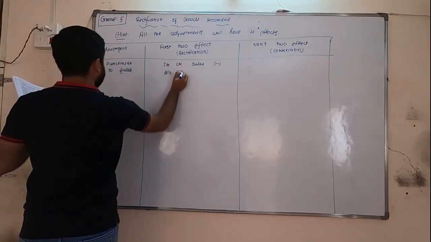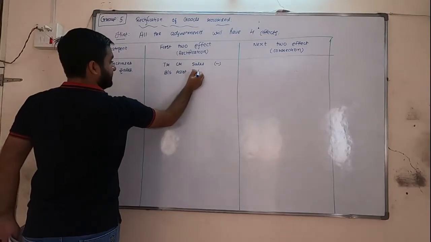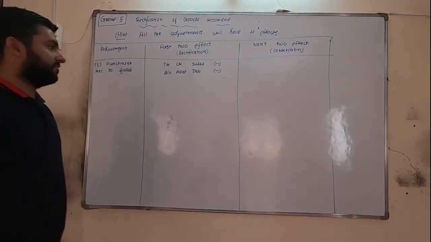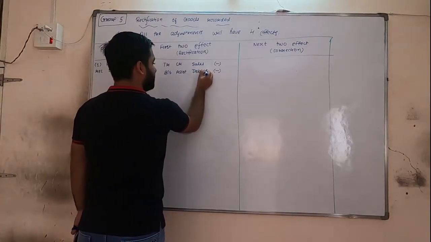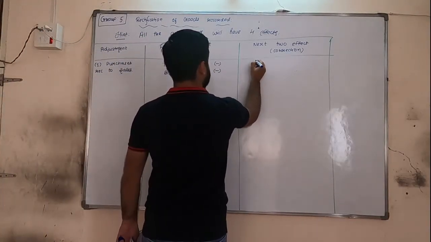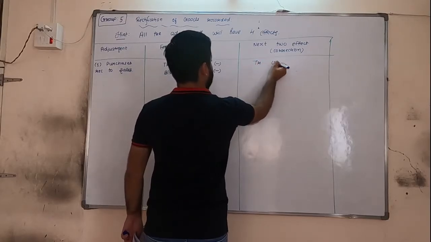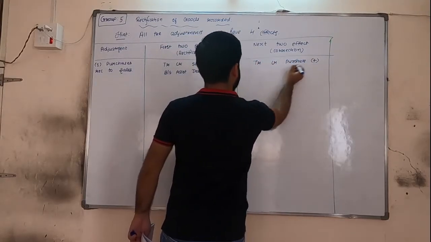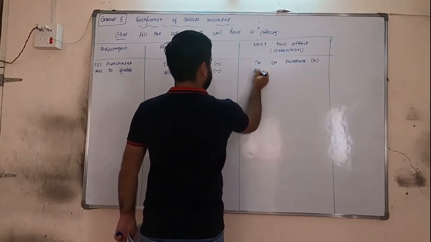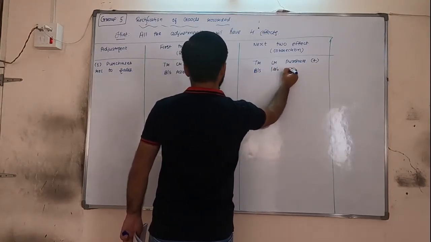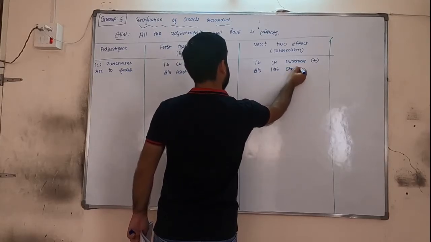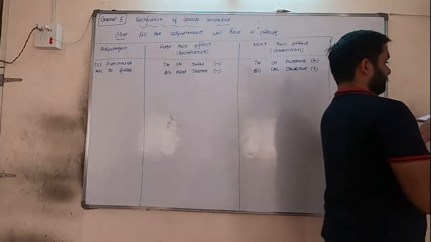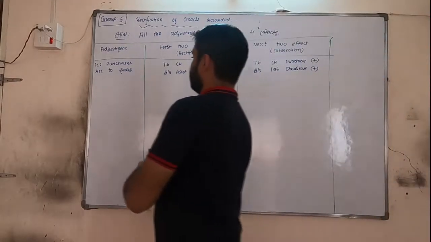Balance sheet, asset side, debtors minus. Now debtors is written for short. Okay, let us write the full name, otherwise someone will get confused. And again trading account, credit side, purchase plus, balance sheet, liability side, creditors plus. This is the first adjustment.